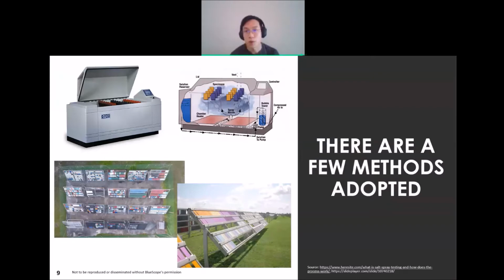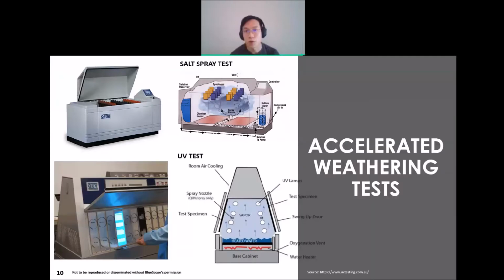Of course, spoiler alert, on the title, there are two types. One is called accelerated weathering test. Here I show you two examples: one is called the salt spray test, and another is called the UV test.